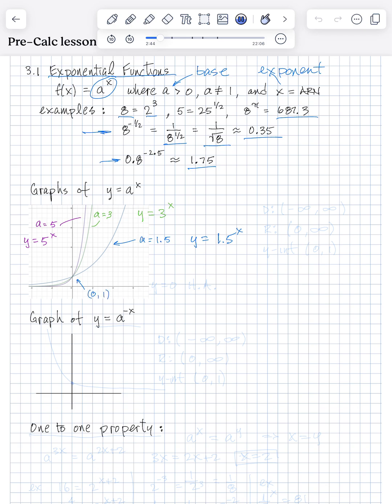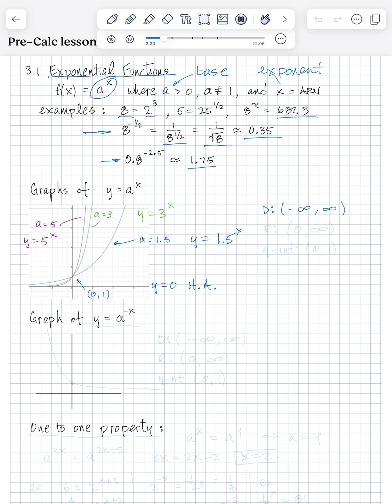And also you'll notice the x-axis, or y equals 0, is a horizontal asymptote. They don't go below the x-axis. Also, if you look at all three curves, you'll notice you want to write the domain. The domain is going to be from negative infinity to infinity.